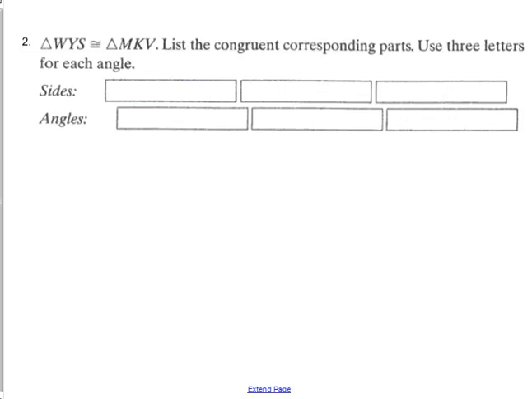This is what I was talking about. We need to use 3 letters for each angle in this particular case. So what I'm going to show you is a way to figure this out, because you don't have any picture here. But you can draw your own picture. It doesn't matter what it looks like. I'm just going to say WYS is congruent.